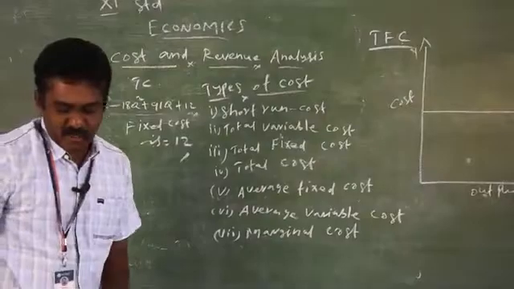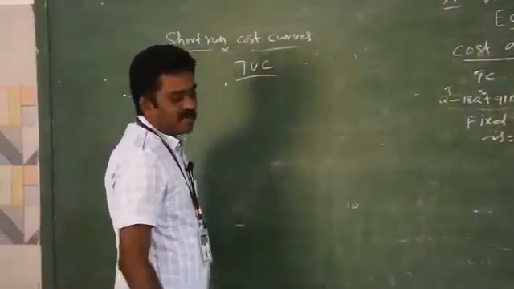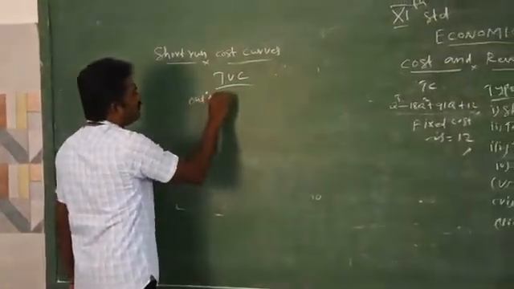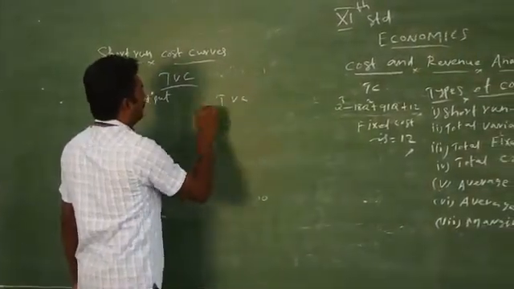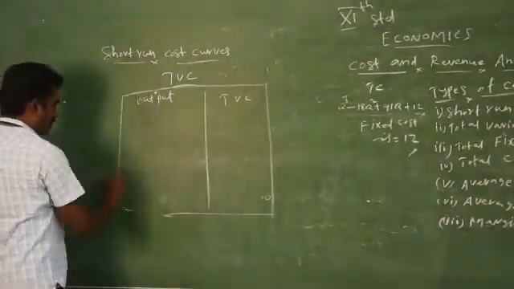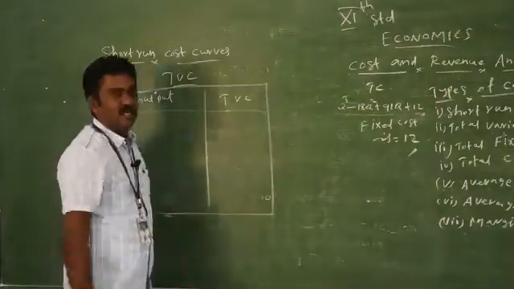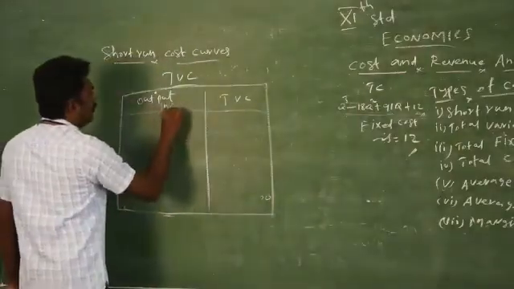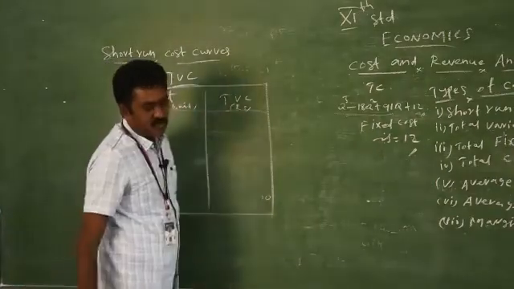Now I am going to write about the total variable cost, TVC, in the table: output and total variable cost. When I teach the diagram or a table and I write, you also listen, note down and write. It is in units. Then only you can understand. Total fixed cost is in rupees.